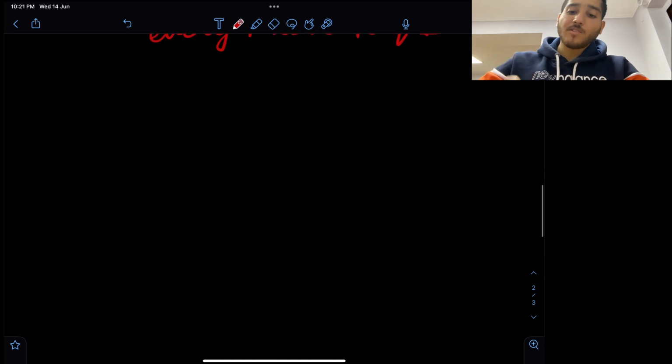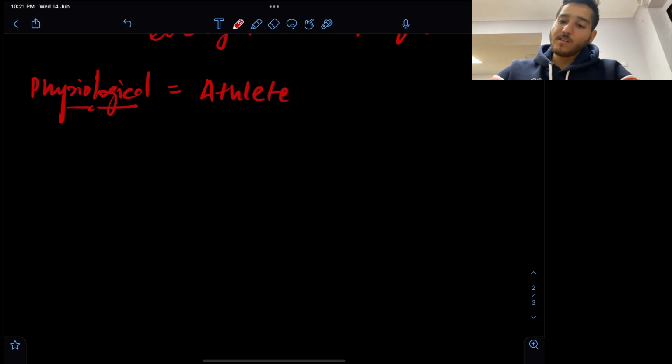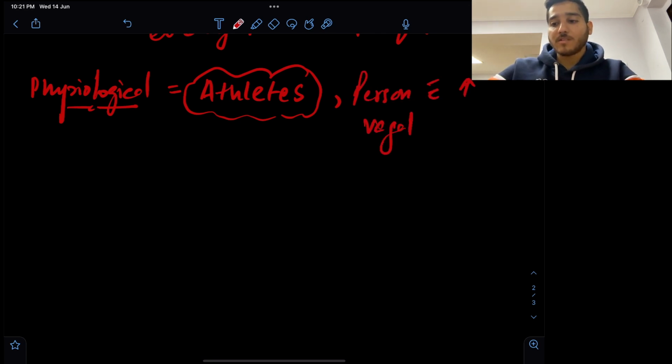Okay. So this PR prolongation can be physiological in most cases. In which physiological conditions can we see first degree AV block? In athletes, or any person with increased vagal tone.